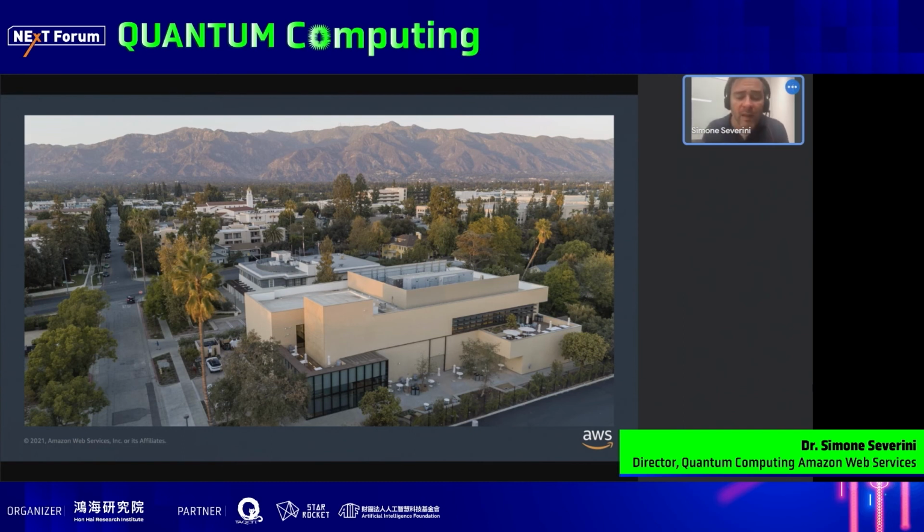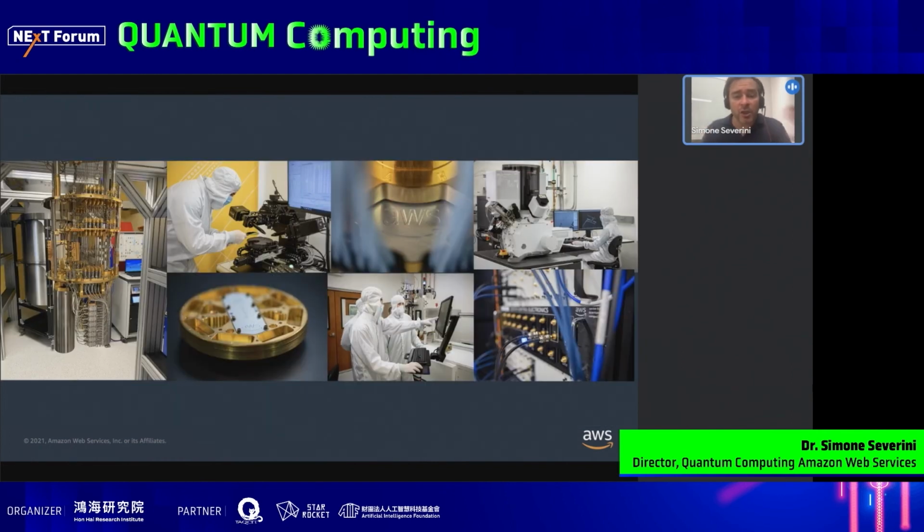In our initiative there, we are building some NISQ devices, some near-term devices, but our long-term goal is to build fault-tolerant quantum computers.